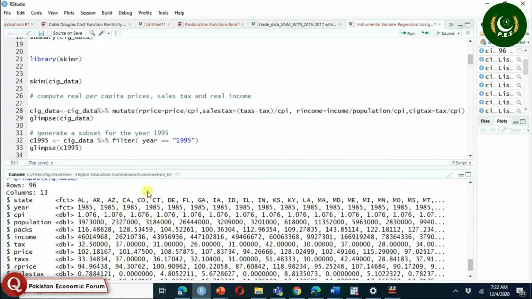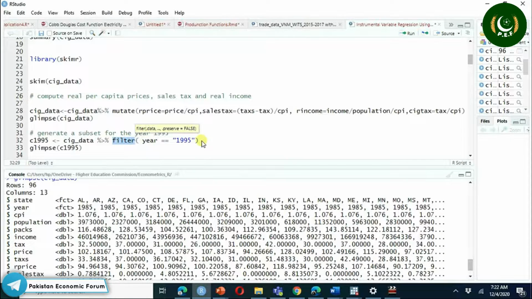Now we are going to select only 1995. One verb is mutate in dplyr; another very useful one is filter. You can watch those videos to learn R. So I'm going to select only 1995 at the moment.